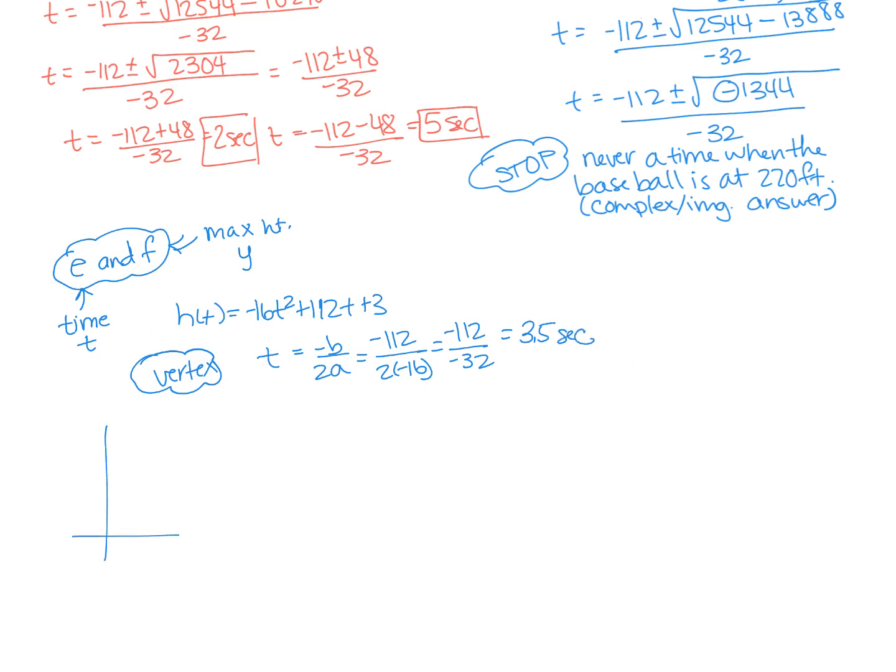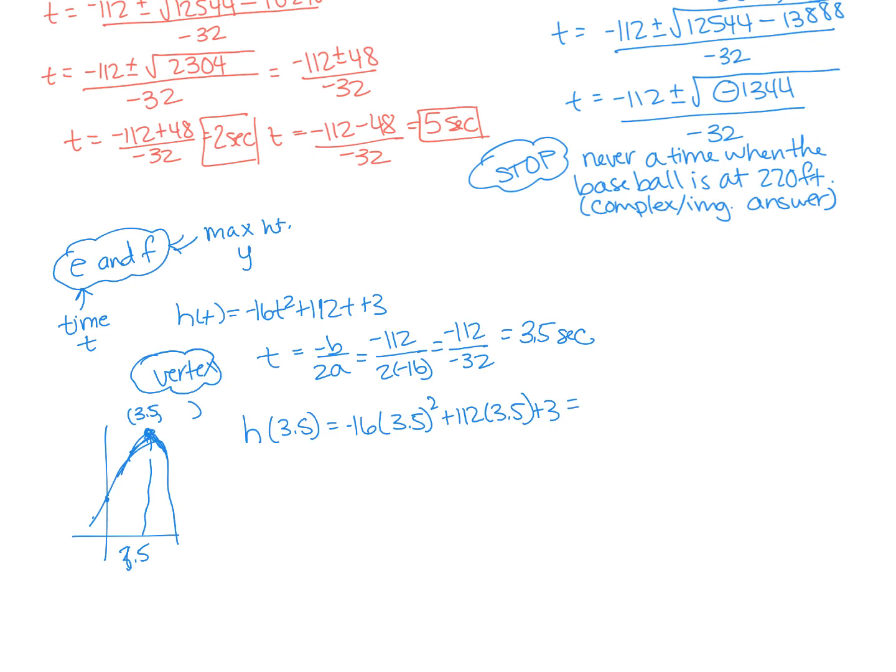So if I'm looking at this, at 3.5 seconds, that's a terrible parabola. Sorry, my Apple Pencil's kind of hard to work with. But this is my max height, and it occurs at 3.5 seconds. So I know that my ball reaches its max height at 3.5 seconds. I need to find the height at that time, so I'm going to substitute my time back in: negative 16 times 3.5 squared plus 112 times 3.5 plus 3.